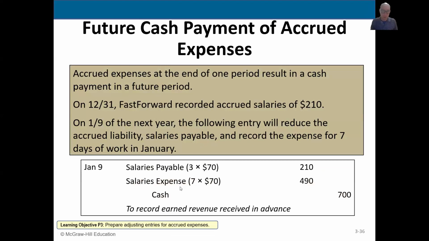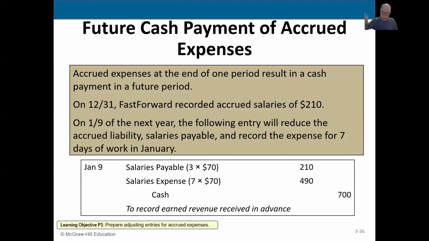Time goes by. Okay. We recorded the 210 in December, and then the first week of January goes by. 7 days in January, Thursday, Friday, and then 5 days thereafter. It's $490 worth of salary so far for January. I debit salaries expense $490.